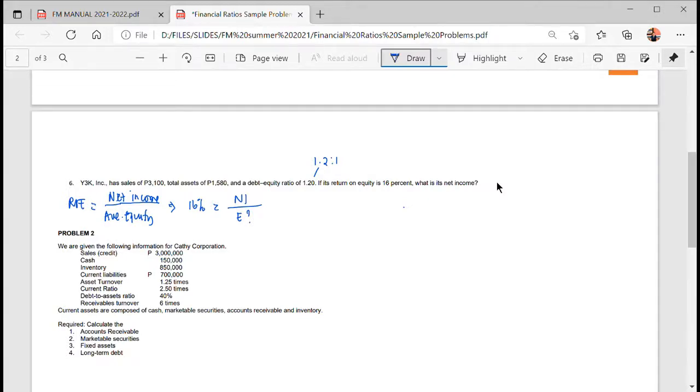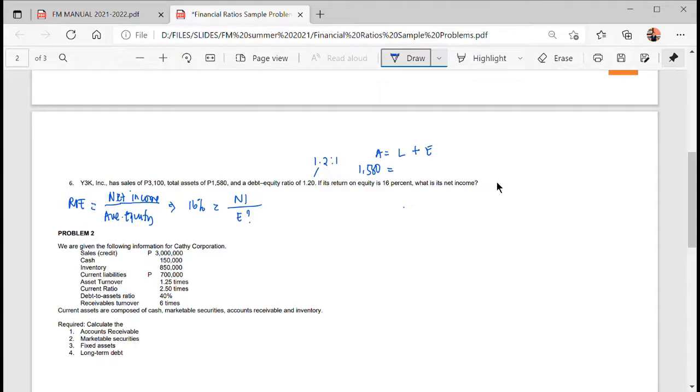If you can recall the accounting equation, assets equals liabilities plus owner's equity. So if you sum up the liability and equity, you will get your total assets. Total assets is given, so that's 1,580.